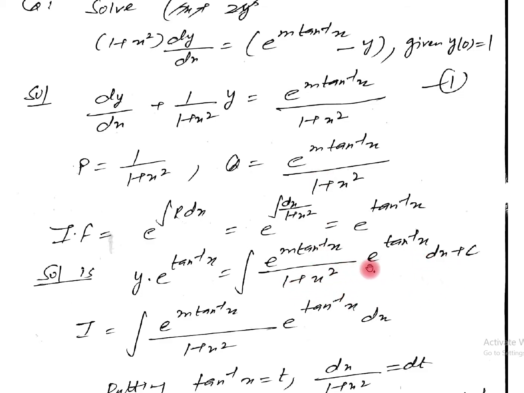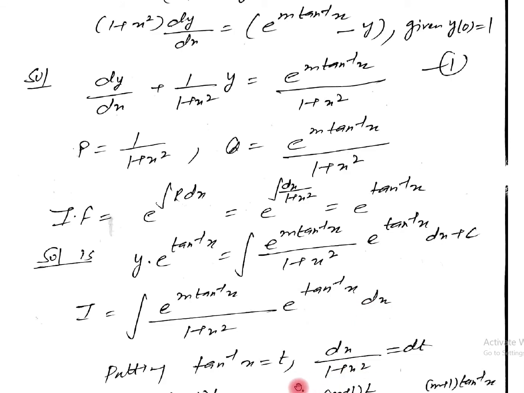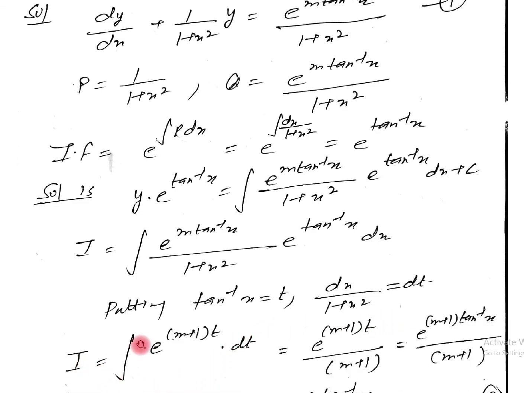Let us solve this integral, putting it equal to I. Whenever we have to solve this integral, we can easily put tan inverse x equal to t. Then dx upon 1 plus x square equal to dt. So I becomes e raised to power, we can collect this power, m plus 1 into t dt.